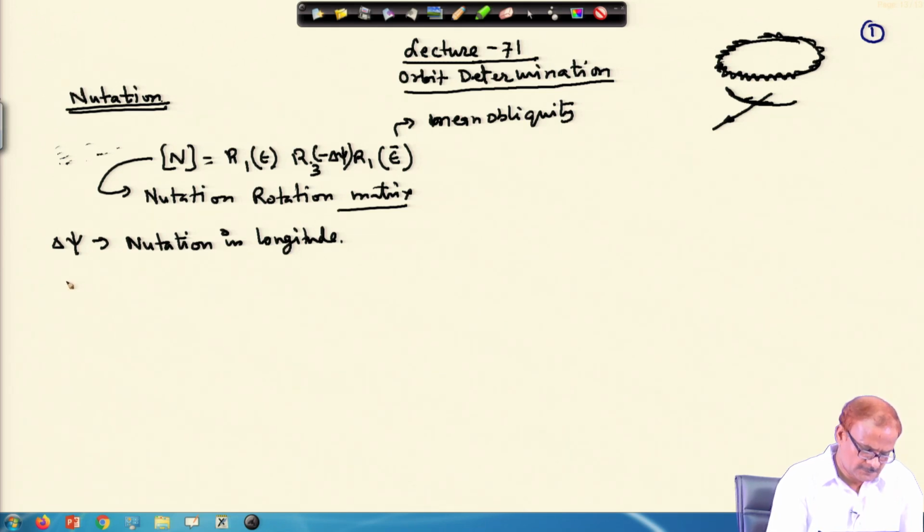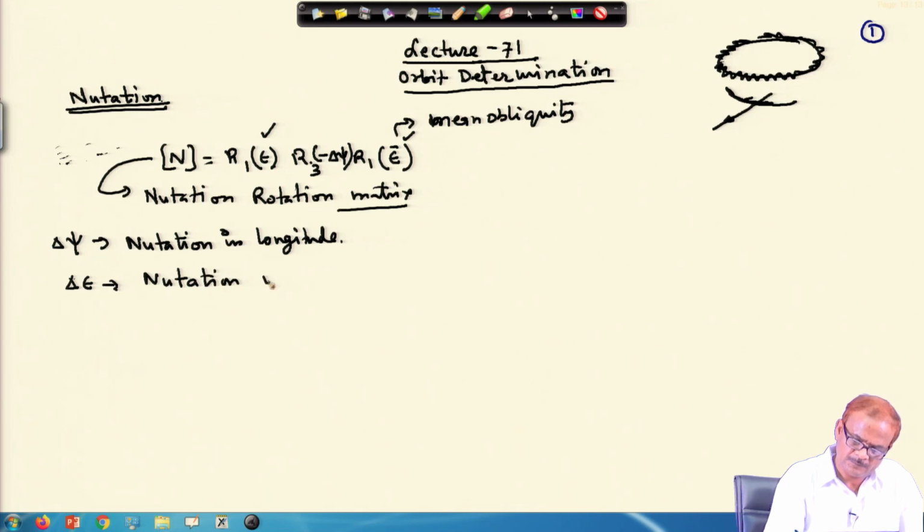And delta epsilon, here this is not epsilon, this is epsilon bar, both are okay. And what do they all mean? It will be clear later on.